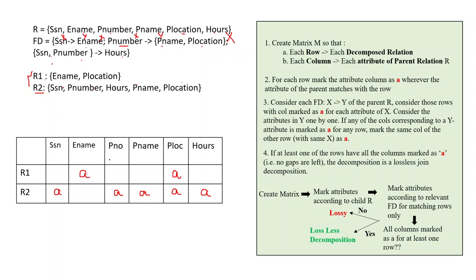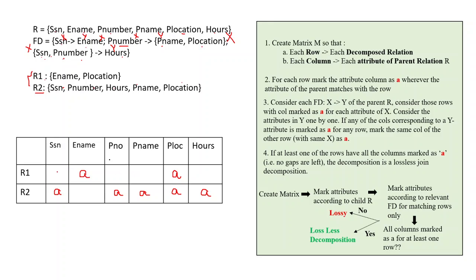Now let's move on to the third functional dependency, which says that SSN and P number together gives Hours. So this whole set SSN and P number is your X and Hours is your Y. So in this case, we will have to find out those rows which have both SSN and P number marked as A. Now R2 has SSN and P number marked as A, but your R1 has gaps in both the columns.